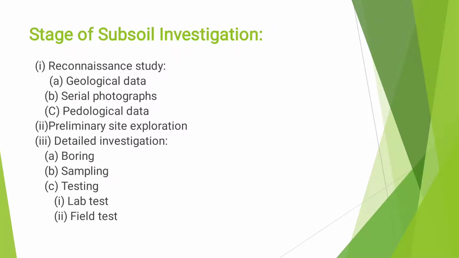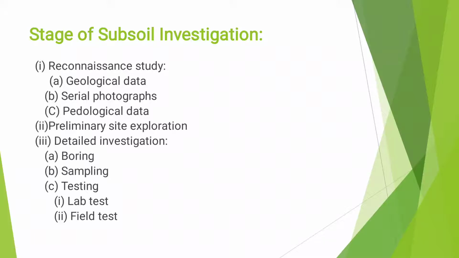Next, stages of subsoil investigation. There are 5 stages: recognize study, preliminary site exploration, detailed investigations, performance evaluation, and preparation of report. First one is recognize study. Recognize study is done by a visual examination of the site. In preliminary site exploration, an approximate picture of the area is obtained.